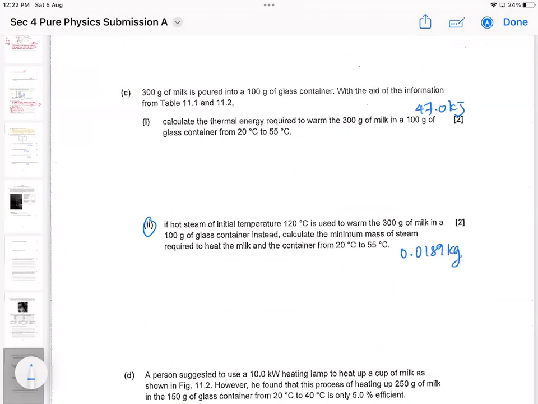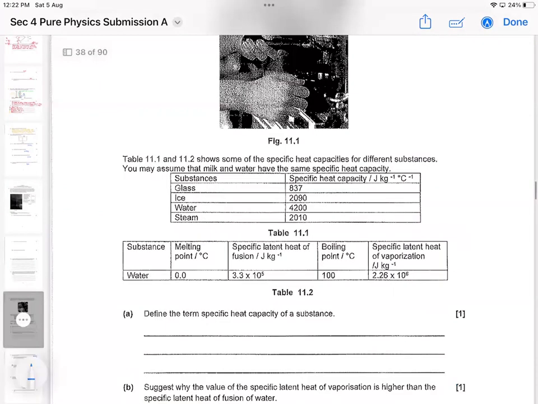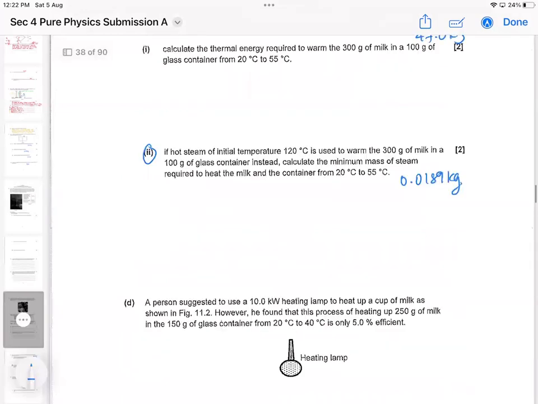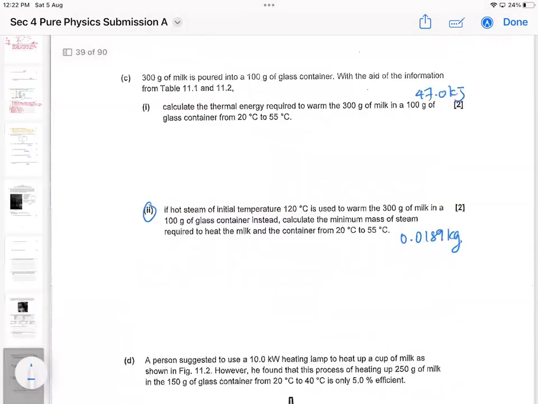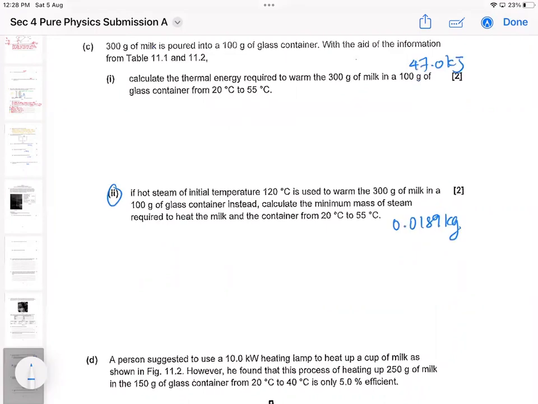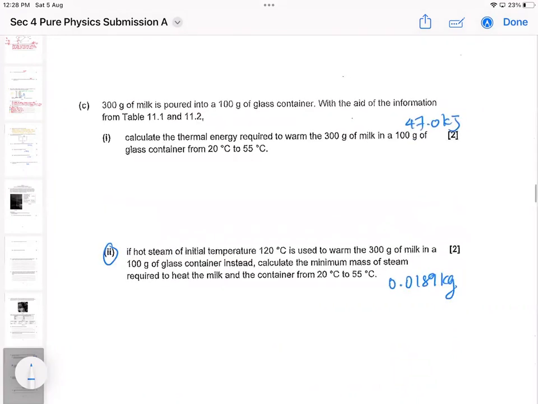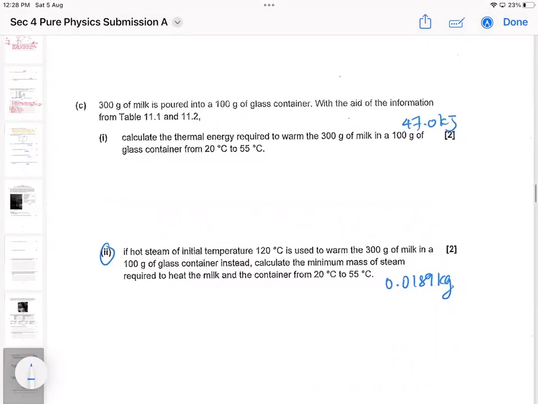Can you read the question first again, and then try out these two. Okay, eventually they reach a temperature of 55. So this total value, right? For the milk to reach from 20 to 55, you need 47,000 joules.